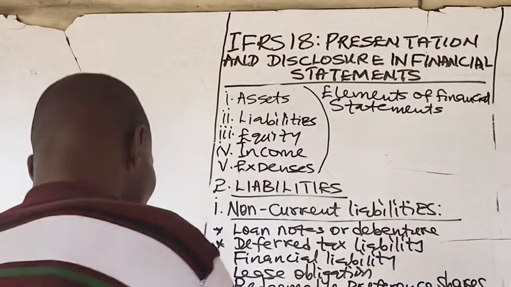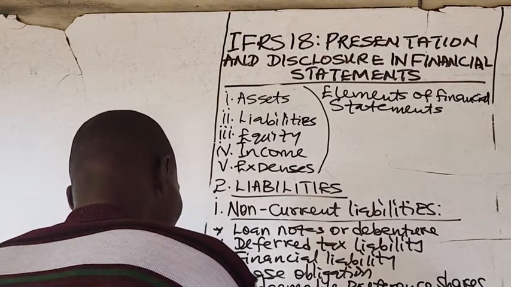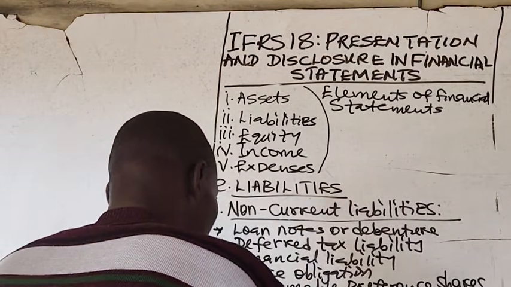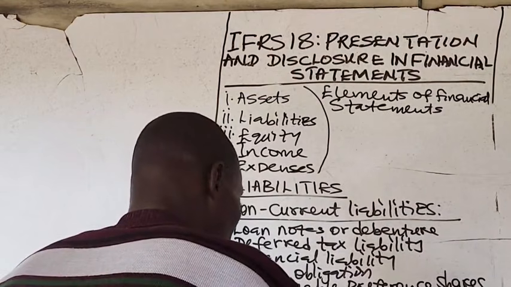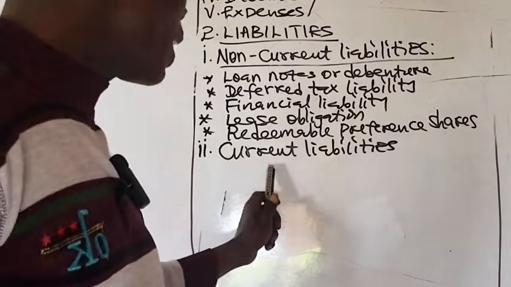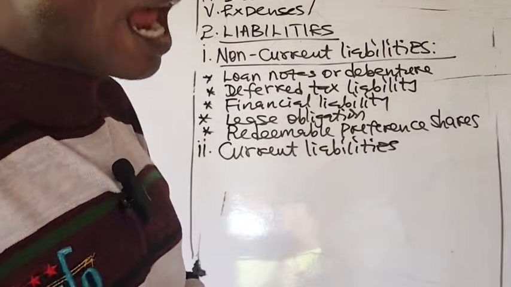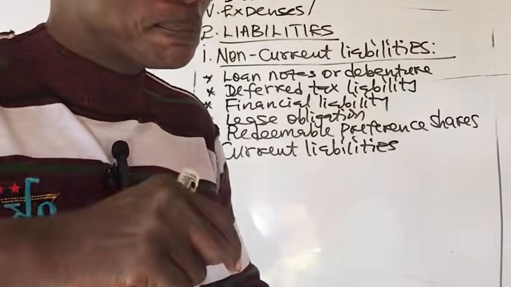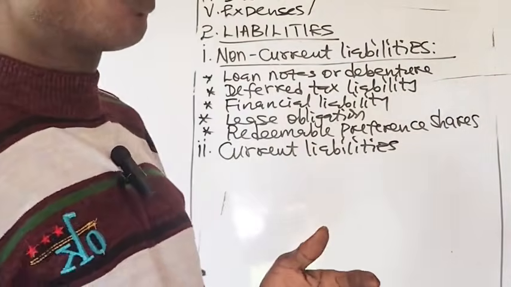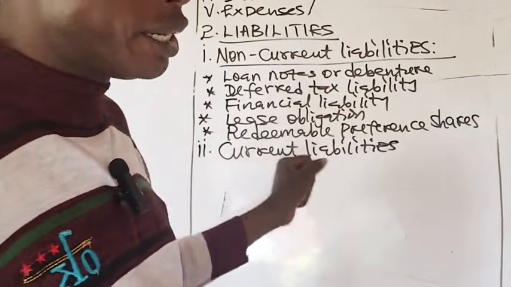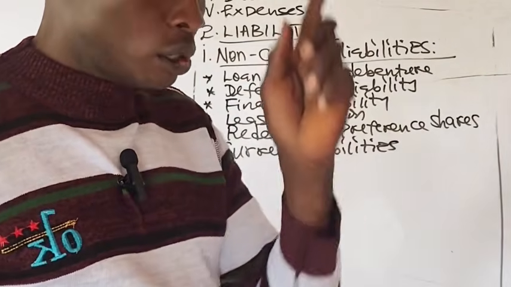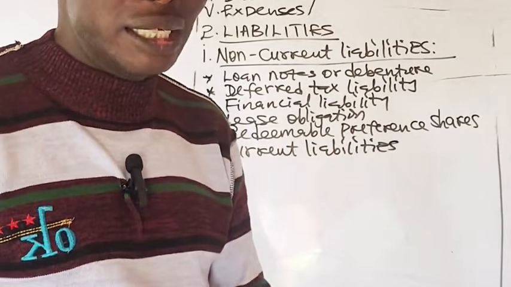Then we have number two, current liabilities. Current liabilities are liabilities due or expected to be settled within an entity's normal operating cycle or within 12 months after the reporting year end.